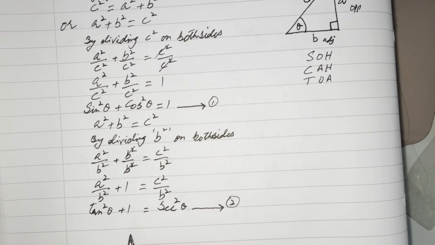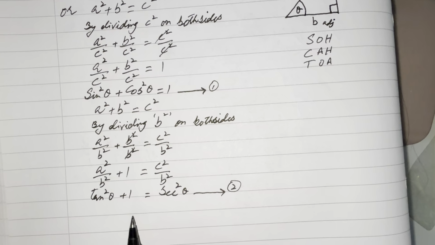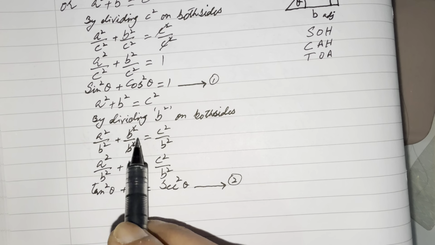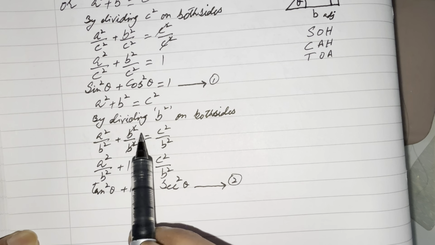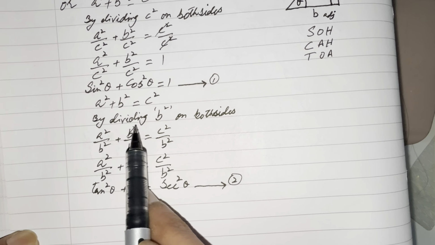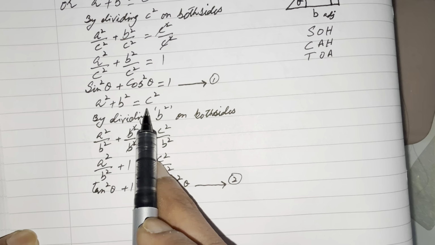So now to find the third fundamental identity, we will divide the Pythagoras theorem by a square.